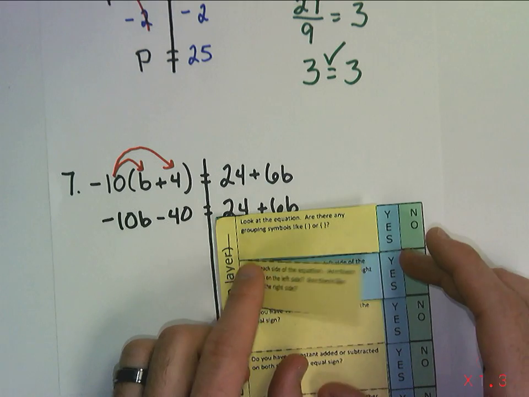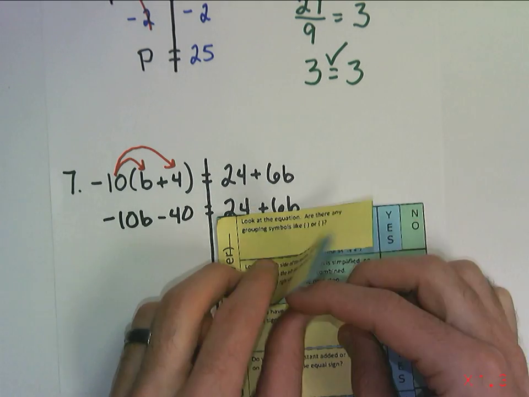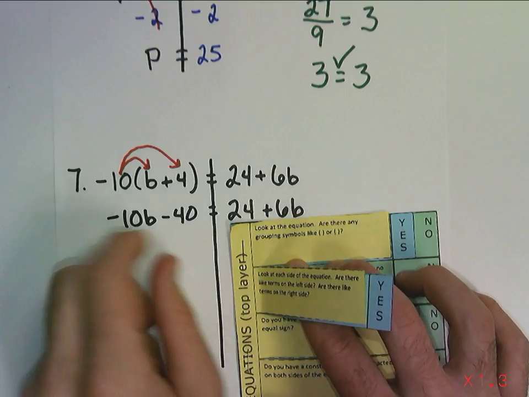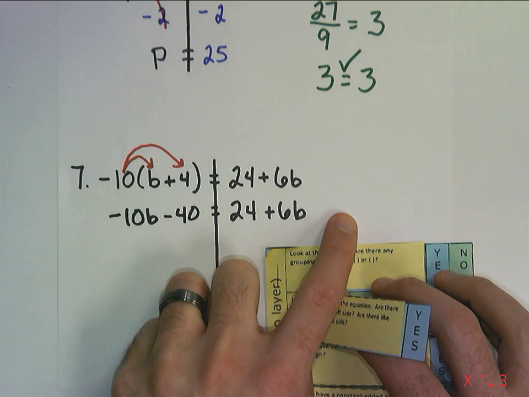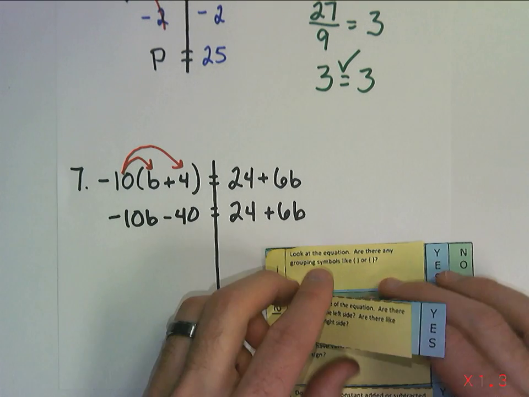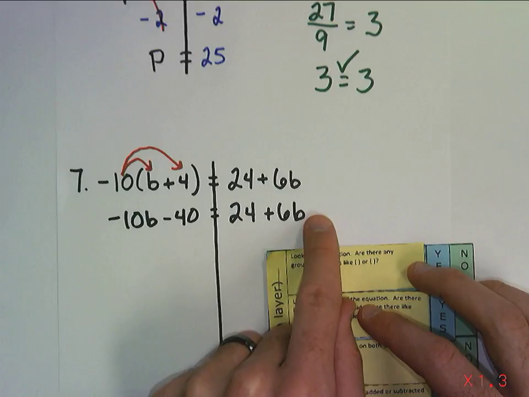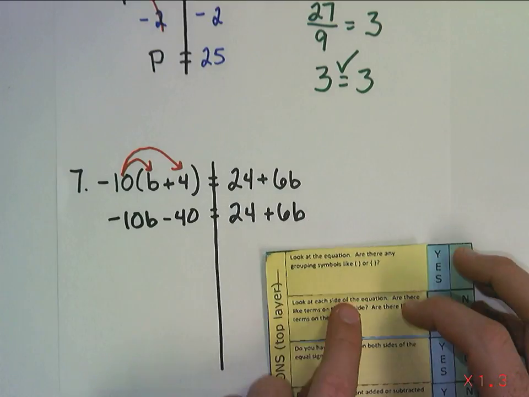I misinterpreted this. This is actually no. We didn't have any b's on the left-hand side to combine, and we didn't have any other b's on the right-hand side to combine. So let's backtrack here. This one is actually no. The only way this would happen is if I had a plus 3b here as well. Then I'd combine those to make 9b. So that one's actually no.